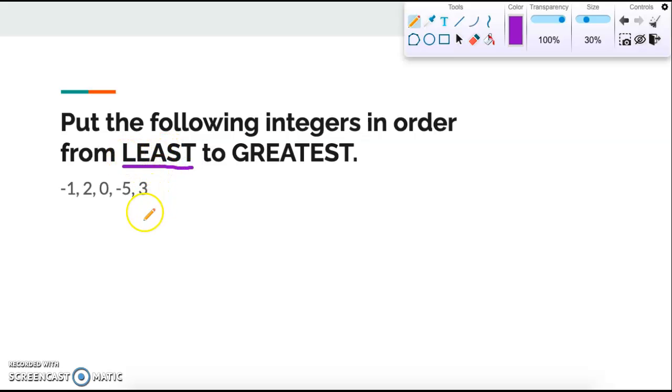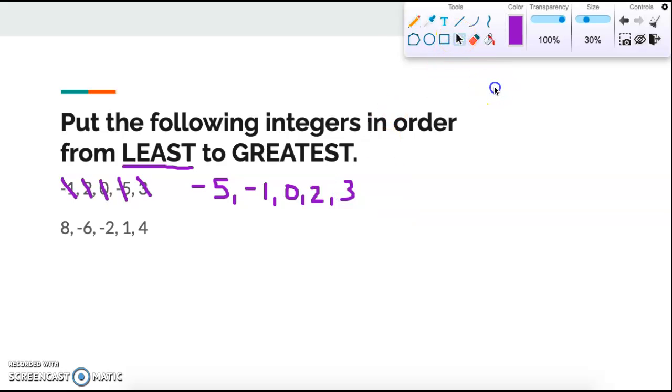So the smallest number in this list, the most negative, is going to be -5. Then our next negative number would be -1. Okay, we're out of negative numbers, so our transition piece is the 0. And now we go into positive, so 2 is our next smallest, which means 3 is our largest or our greatest number in that list.